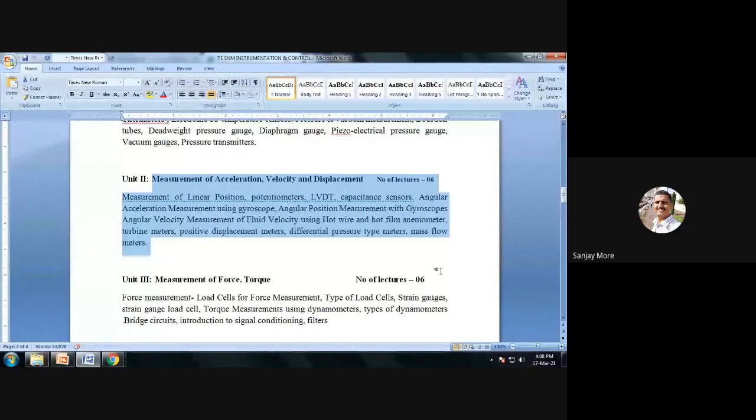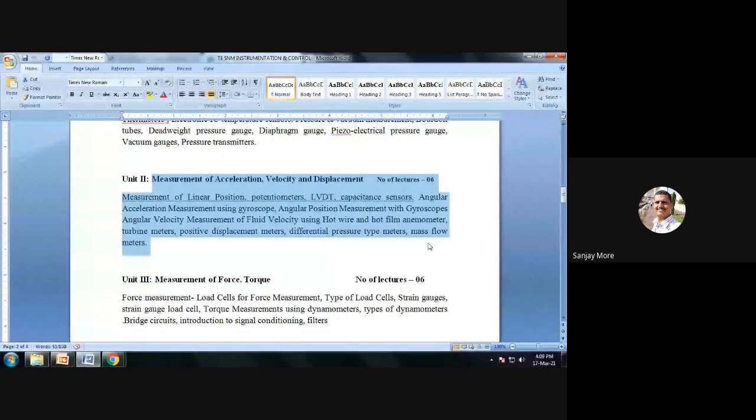See the syllabus of this chapter. Measurement of linear position, different types of potentiometers, LVDT, capacitance sensors, angular acceleration measurement using gyroscope, angular position measurement with gyroscopes, angular velocity measurement of fluid velocity using hot wire and hot film anemometer, then turbine meters, then positive displacement meters, differential pressure type meters and mass flow meters.